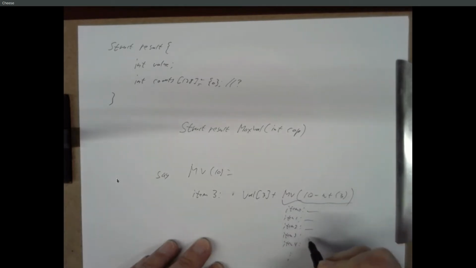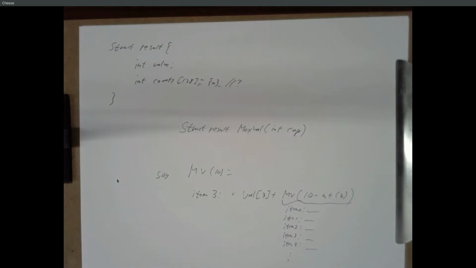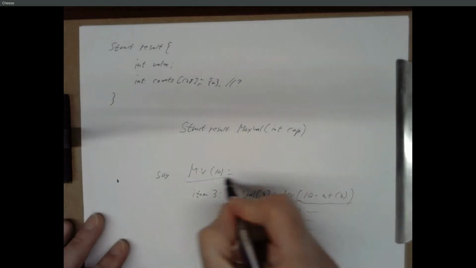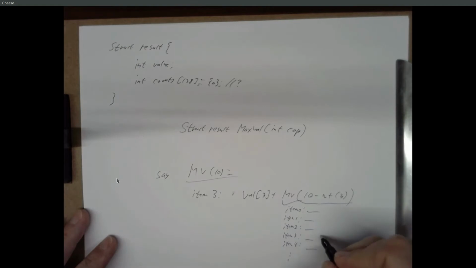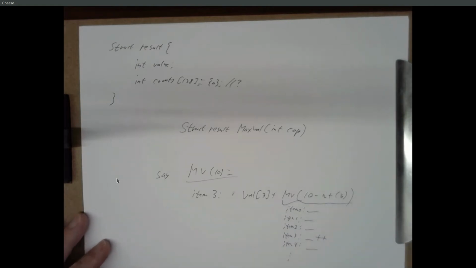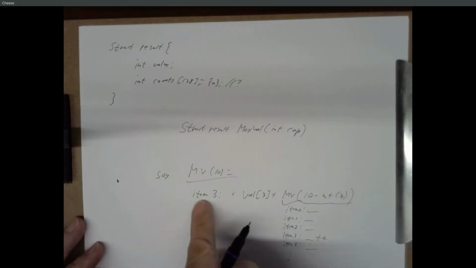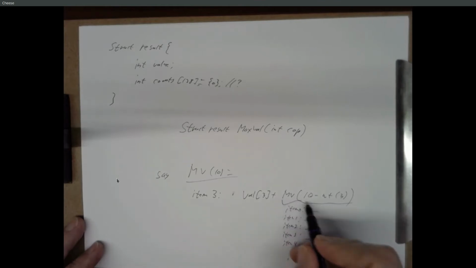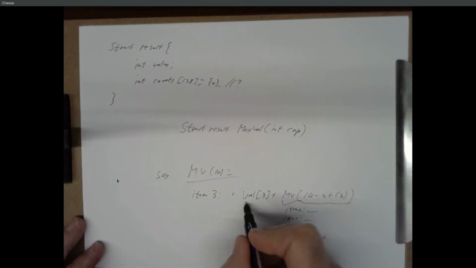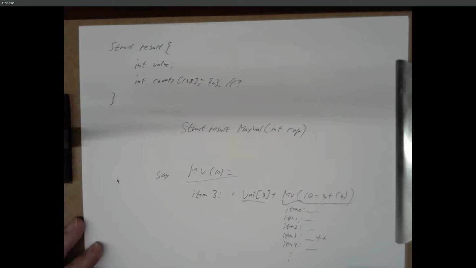There's some number coming back from maxval. So the maxval that you return from maxval 10, just increment that count to say, hey, we got one more item 3, and increment the value you get back from maxval 7 by the value of whatever that item is.